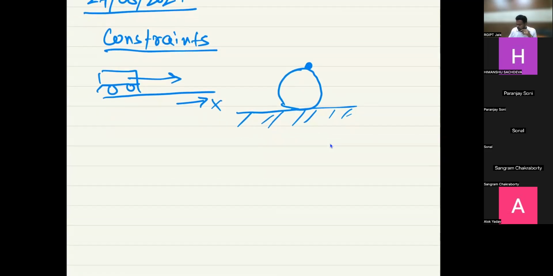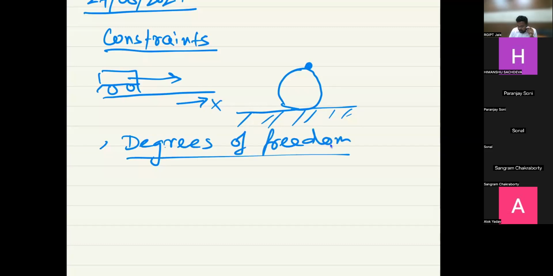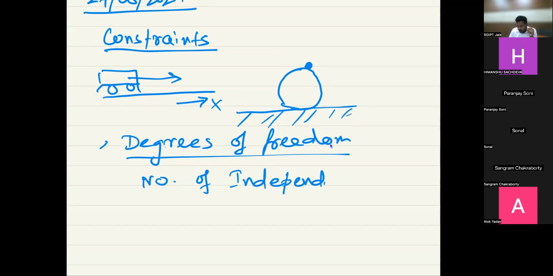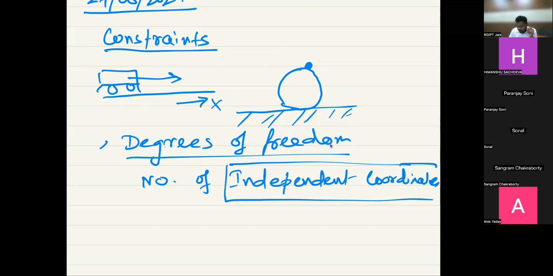And the degrees of freedom, we told you, are the number of independent coordinates that you require. So this is very important: the number of independent coordinates.